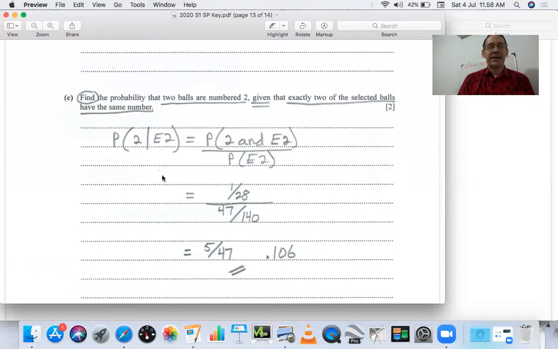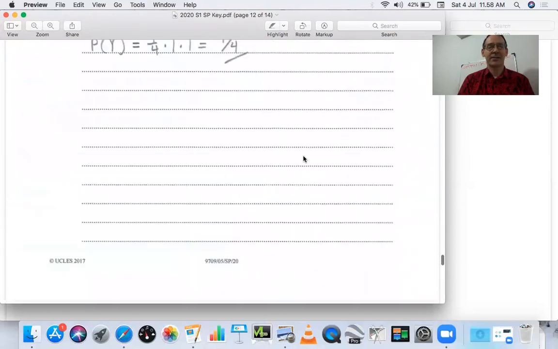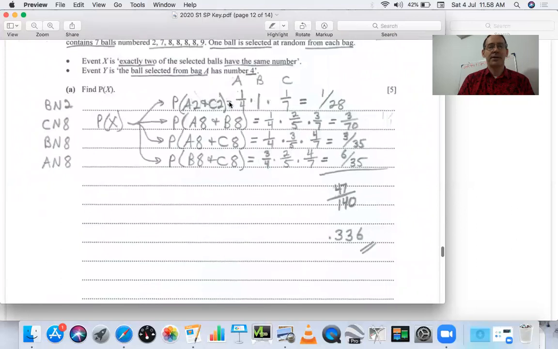So again, the probability that the 2 balls are numbered 2 was back up here. The probability that our 2 balls are numbered 2, which also happens to satisfy that the 2 numbers are the same, so it is the intersection, is 1/28. So both balls are 2, and it satisfies that second part that the 2 are the same value.